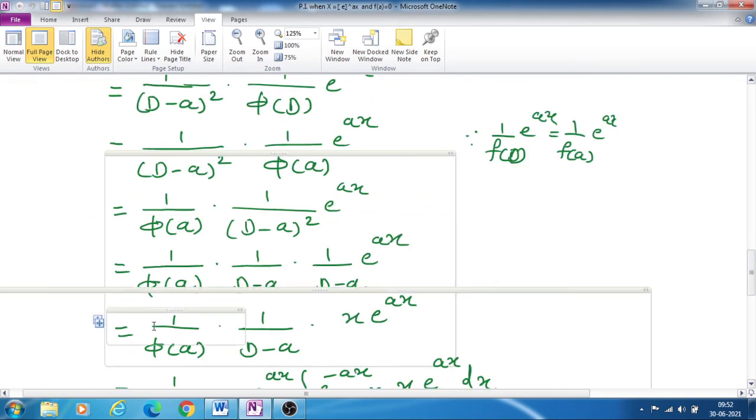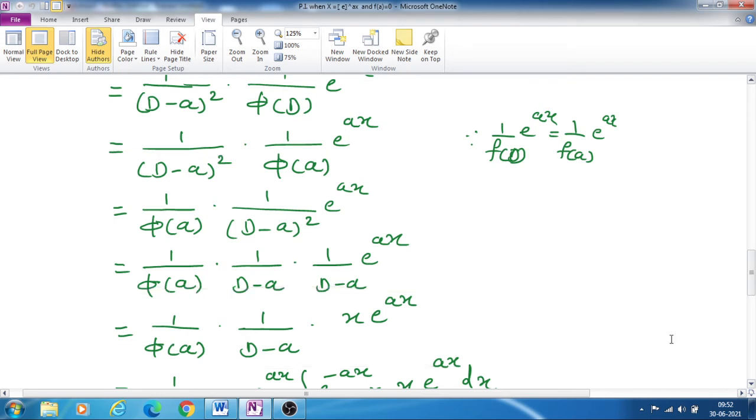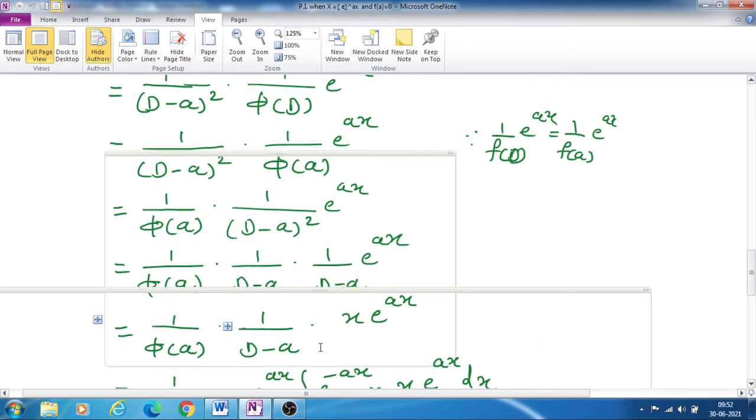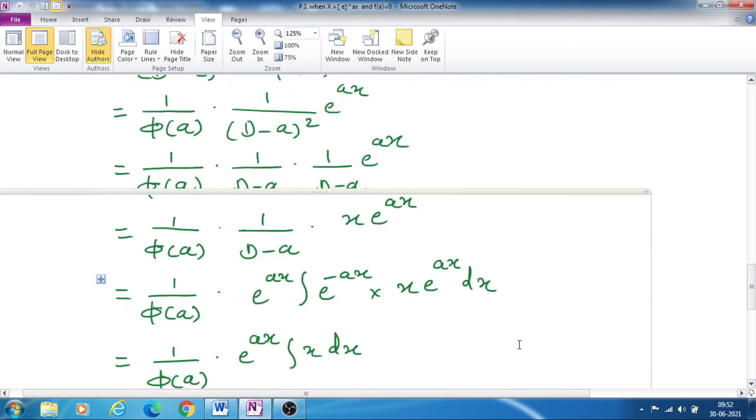So 1 upon phi(a) into, this 1 upon (D minus a) squared we can operate one by one. So 1 upon D minus a into 1 upon D minus a e raised to ax. So this is equal to 1 upon phi(a) into 1 upon D minus a, and we operate here 1 upon D minus a on e raised to ax.